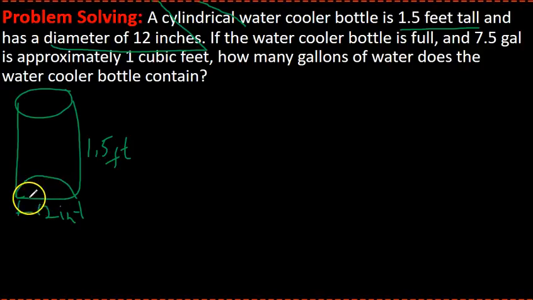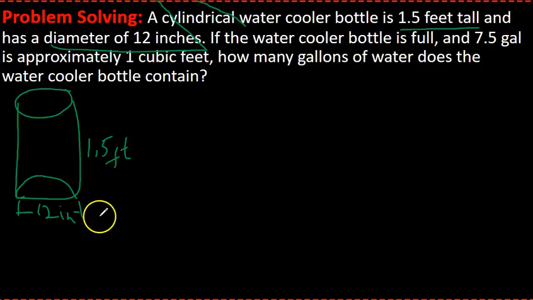The thing though, we must change inches to feet. We can change feet to inches also, but if we notice in the second part of the problem, we are going to need our answer in feet to be able to do this second problem. So we better change to feet. And this is actually simple because we know that 1 foot is equal to 12 inches.